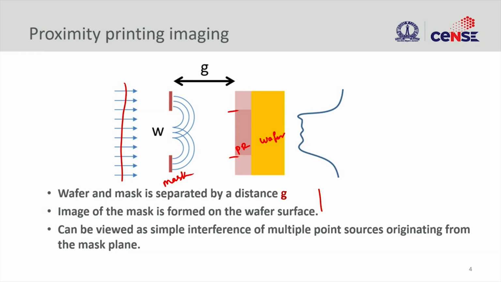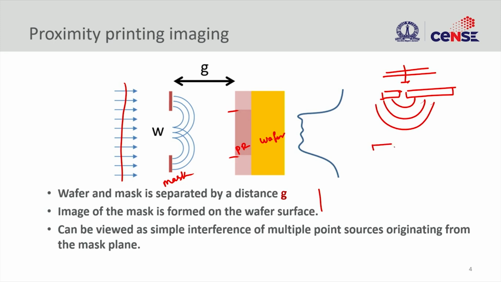But you can imagine this gap acts as n number of spherical sources, and then they all will interfere at the photoresist. For people who are aware of these optical principles, if I have a broad plane wave coming into this small opening here, you can approximate this as a spherical wavefront that is going out.